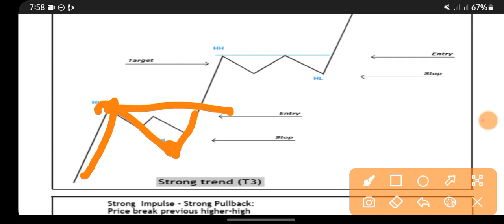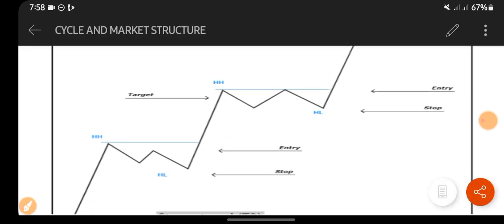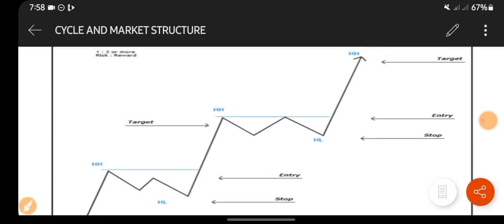When the price breaks it, you take your position here, and you put your stop loss below the higher low. Then you have your target somewhere here. That's how to ride with the trend.